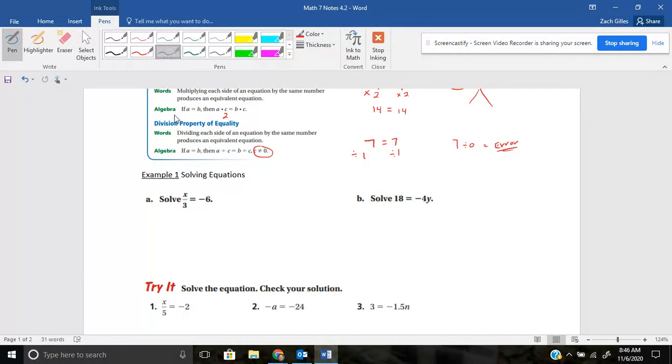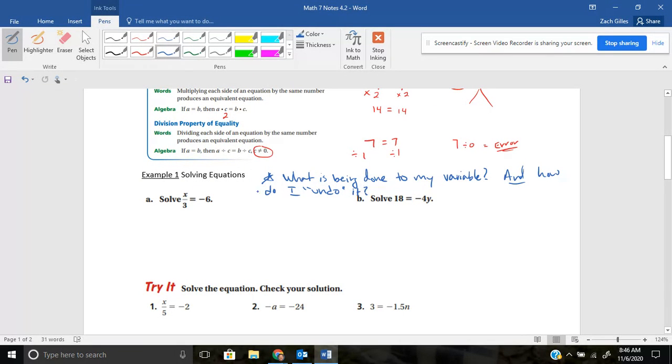I'm still going to ask myself that important question that you're probably getting sick of hearing from me, but it's so crucial that you ask yourself this question: what is being done to my variable, and how do I undo it?